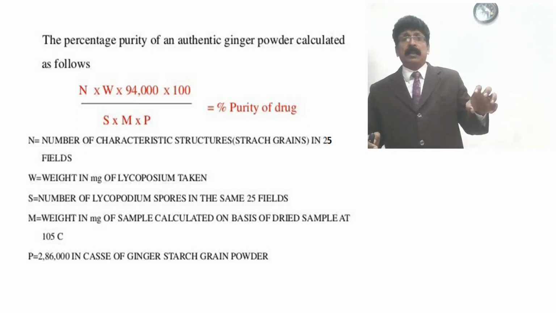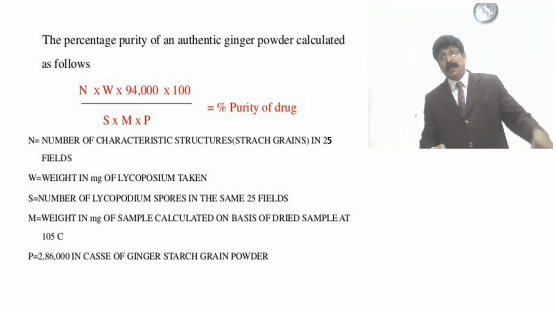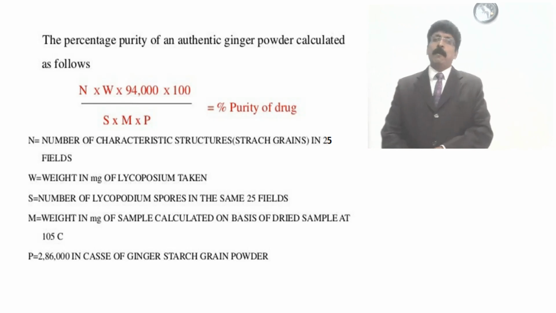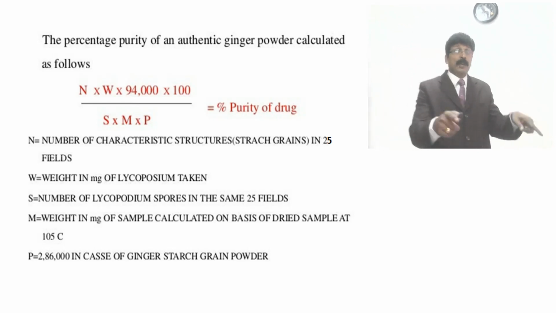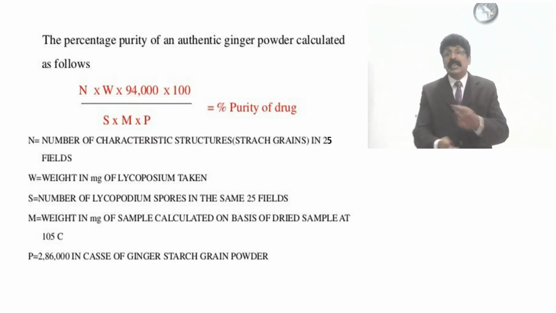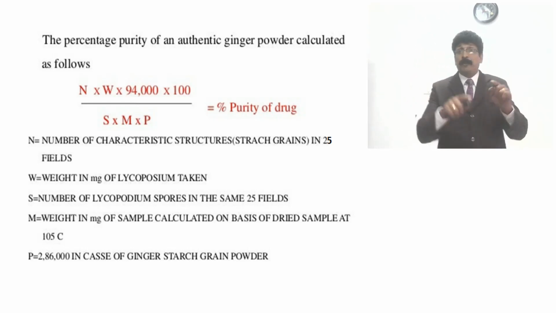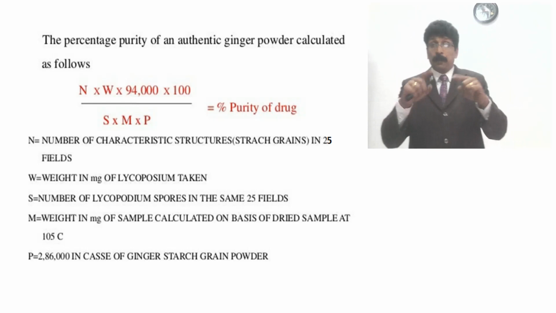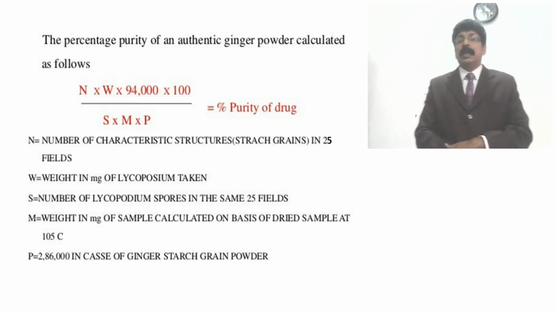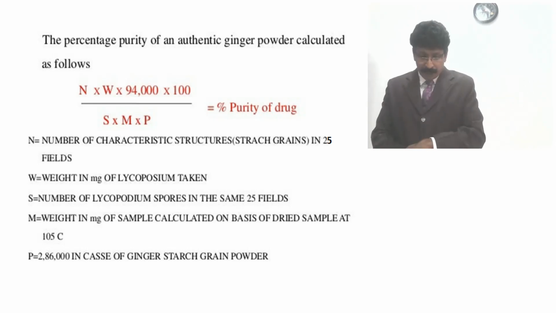But this method is specifically more important, because it can give a percentage, and it is not only for starch grains; all organelles can be calculated by this quantitative microscopy.